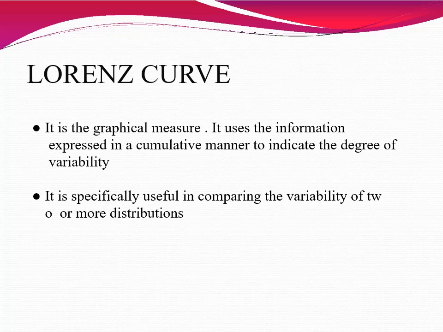We have already learned in the previous chapter, measures of central tendency, how to use the ogive and histogram to represent data, and the same can be applied in measures of dispersion, in the case of mean deviation and quartiles as well. It is specifically useful in comparing variability, that is, it aids in comparing two distributions.